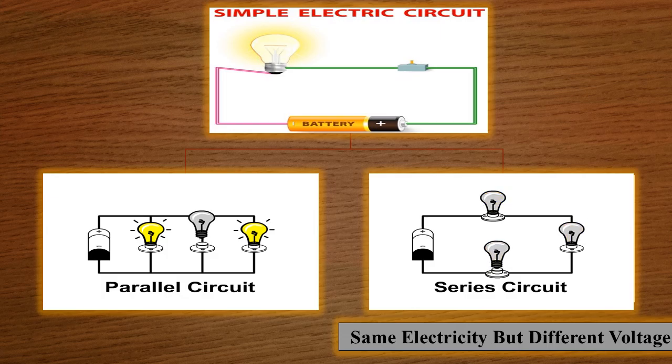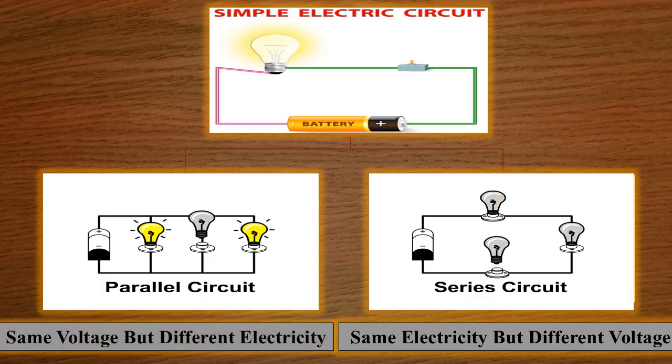In such a circuit, voltage remains the same, but the electricity is not the same. It is different, because it means the positive and negative sides of the battery are directly joined with each of the bulbs, which creates a similar potential difference for each of them.